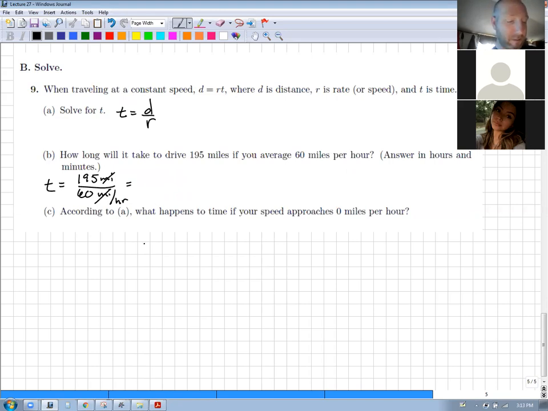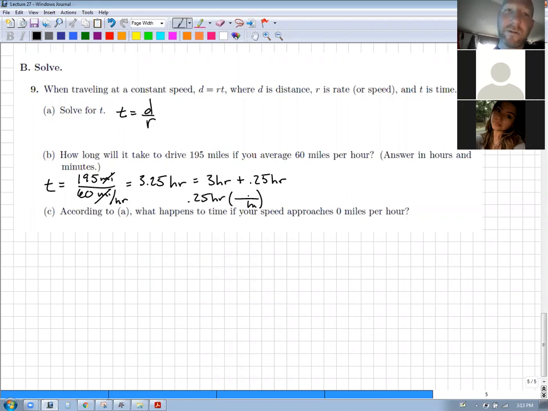So, trusty calculator, 195 divided by 60 is 3.25 hours. So this is 3 hours plus 0.25 hours. So what is 0.25 hours in terms of minutes?